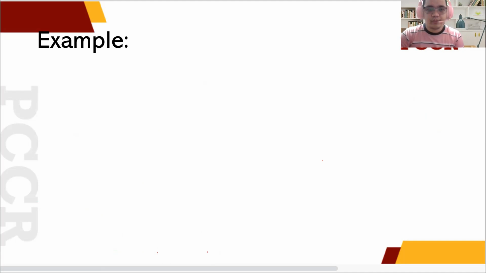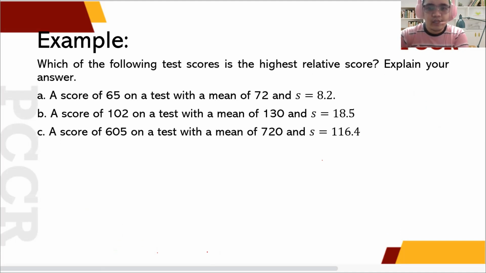Okay, so the last example is this one. Which of the following test scores is the highest relative score? So how do we know relatively? We need to standardize the score by converting it into a z-score. So let's compute. For letter A, we have a score of 65, that will be x. This will be the mean and this will be the standard deviation.